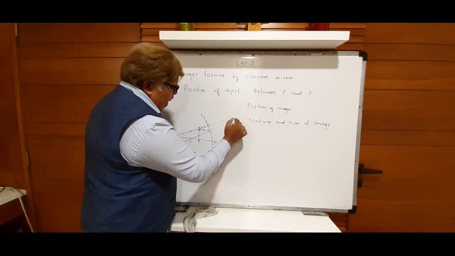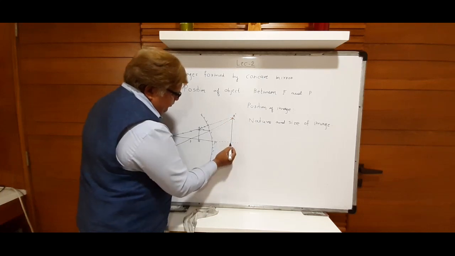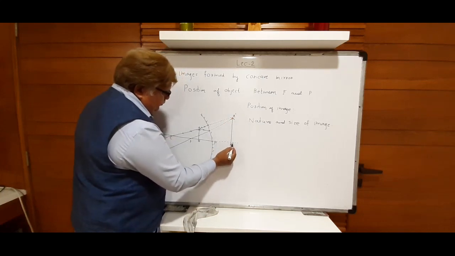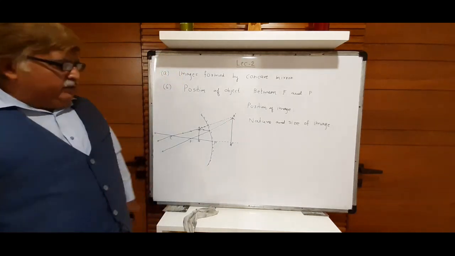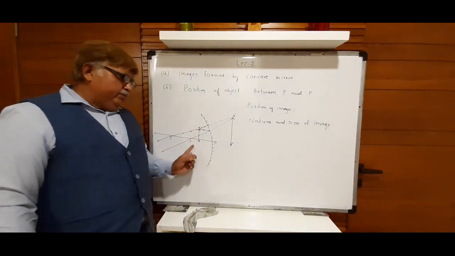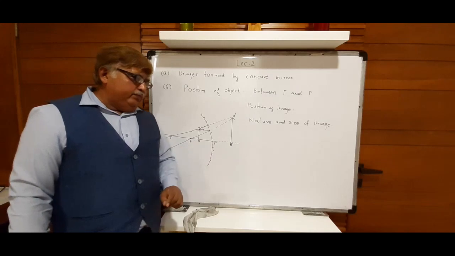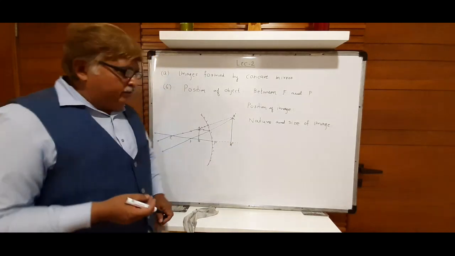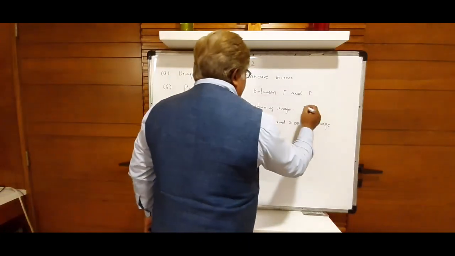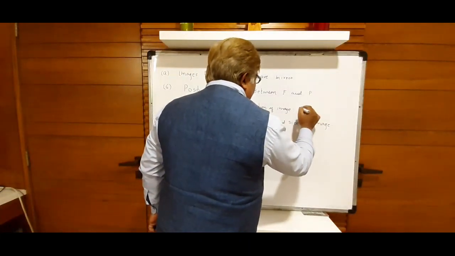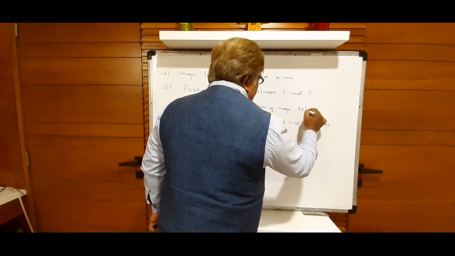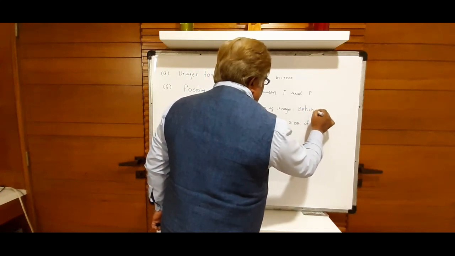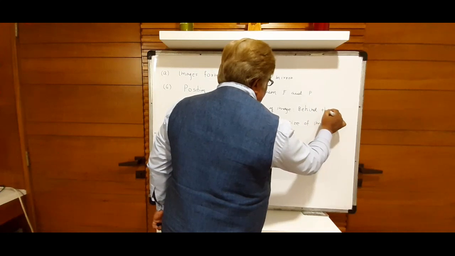So this is the image A dash B dash. The object is kept between focus and pole, and the image is obtained behind the mirror. For the position of the image, you simply have to write only these words: behind the mirror.